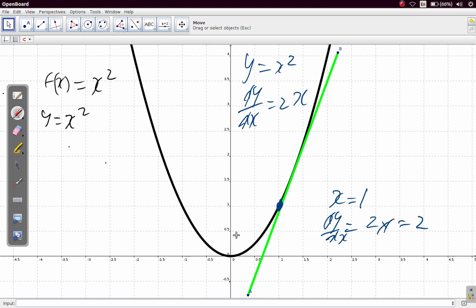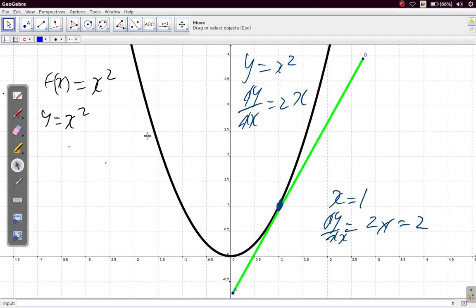And we saw in a previous video that when you plot x squared and you find the gradient, when x equals 1, the gradient is 2. Alright? So the gradient of our line, let's fix the line so that it becomes a tangent here. Alright? So the gradient of this tangent will be 2.